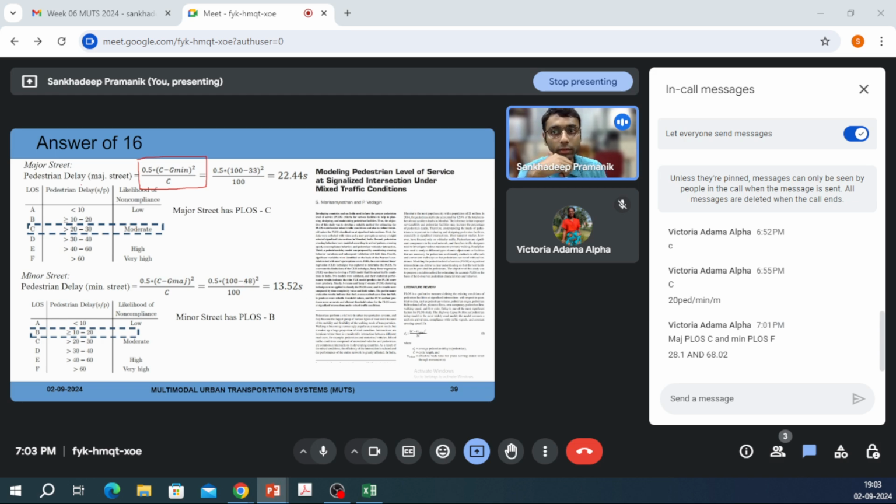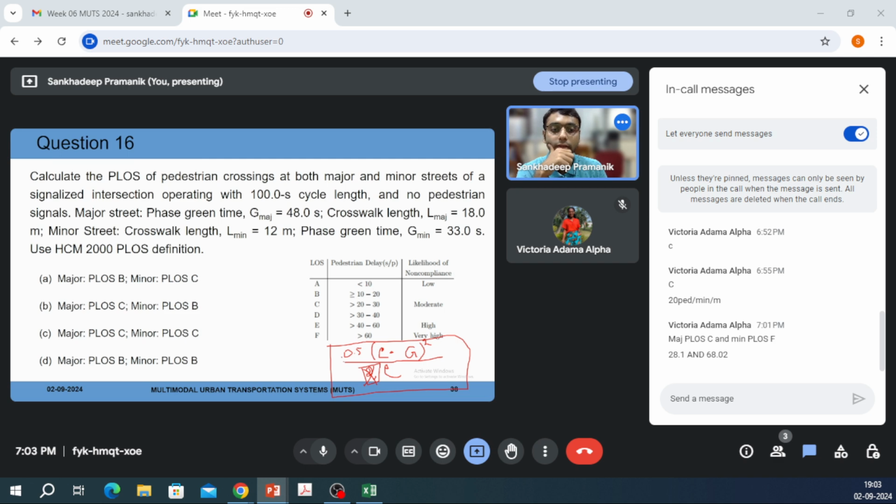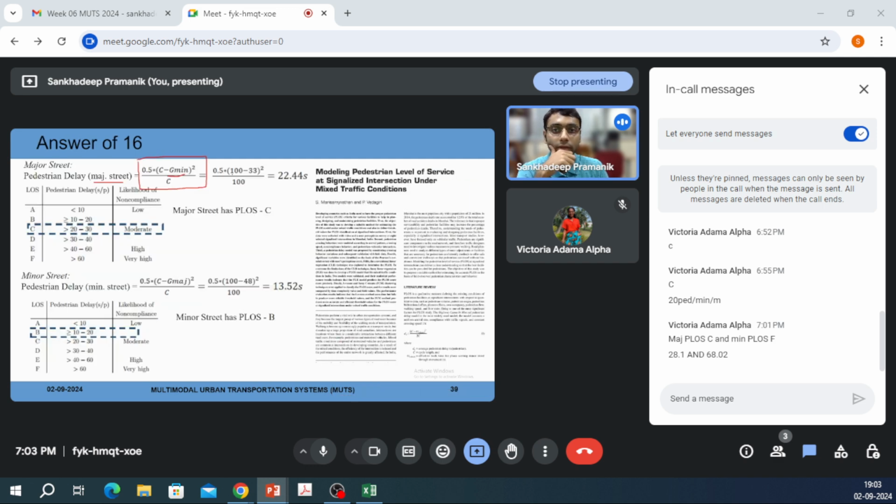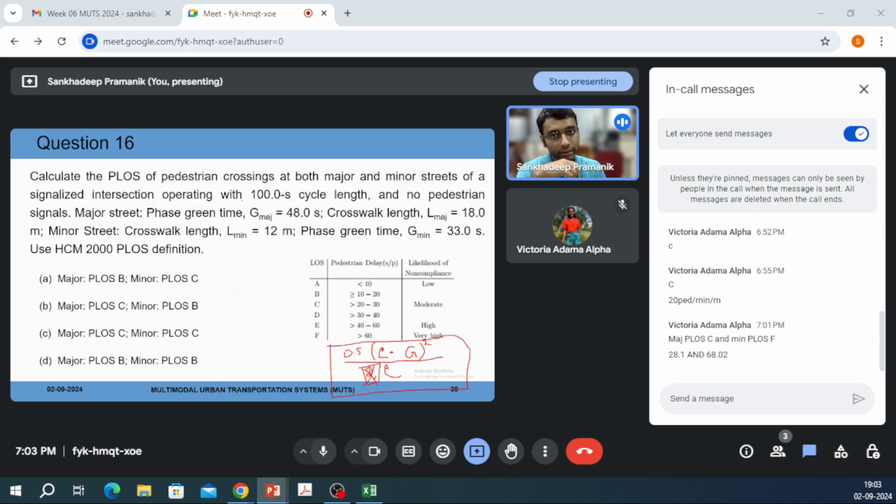So for the major street we need to consider this G mean. Here the cycle length is 100 seconds, and suppose a minor road is meeting a major road.